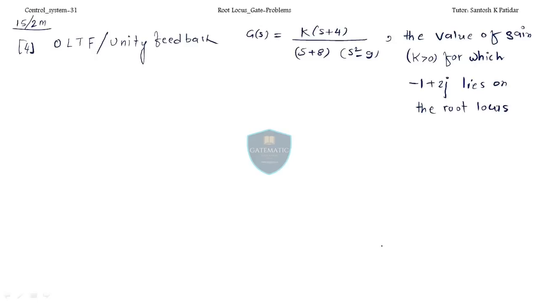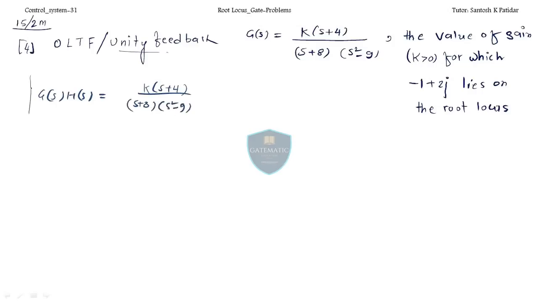Again the same kind of question, GATE 2015, 2 marks, and the pattern is the same. Since this is a unity feedback system, G(s)H(s) is nothing but k(s+4)/((s+8)(s²-9)).